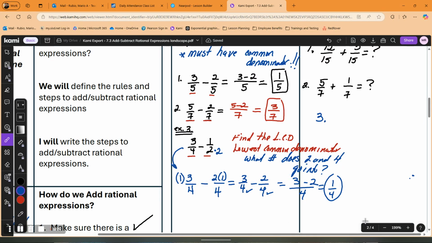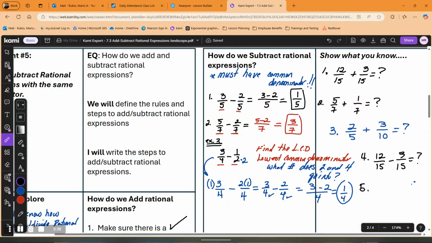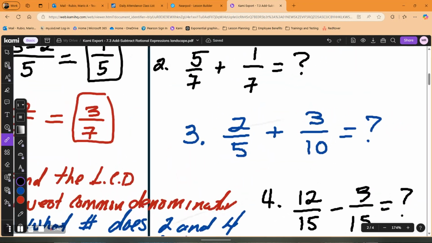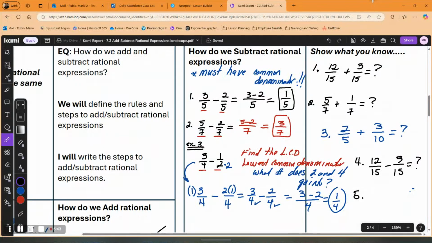Okay, number 3 is... Okay, and let's do number 5. Let's do another one where you have to find the LCD.